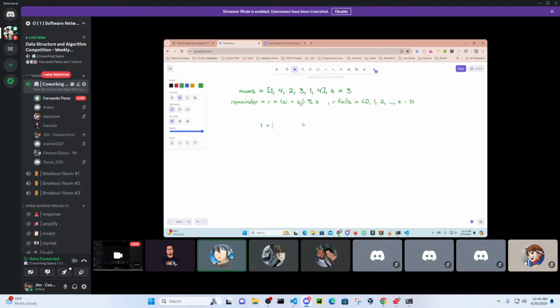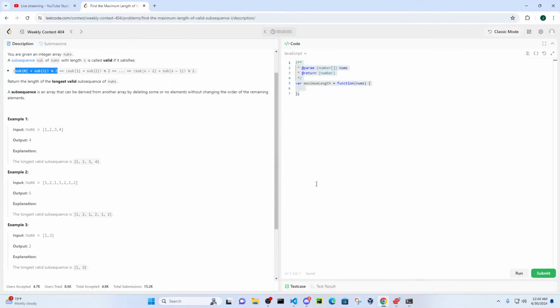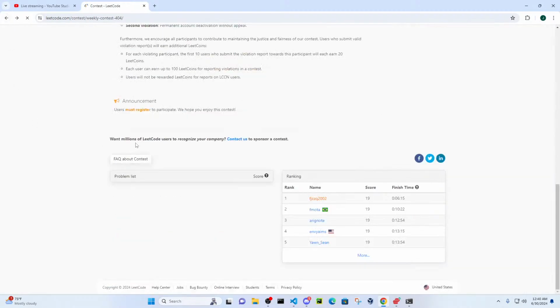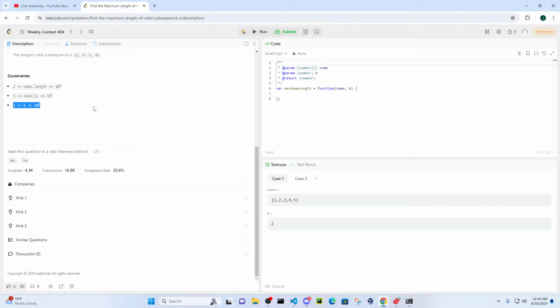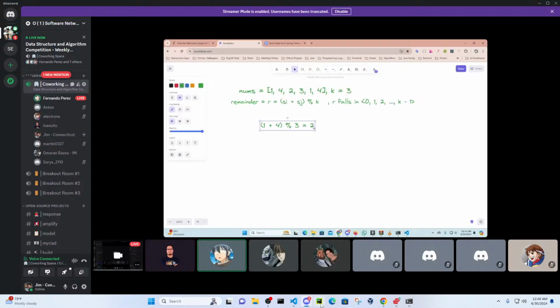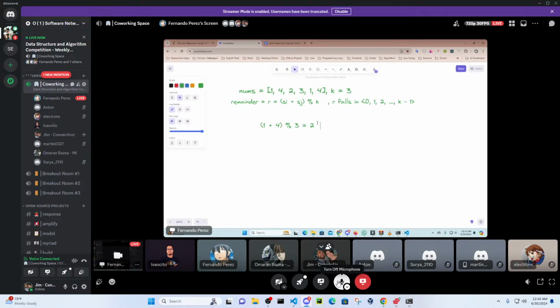Like if you say it's 1 plus 4 modulo 3, you're going to have 2, yeah, and the next one, you need to use the previous one, so it's going to be like 4 plus 1 modulo 3. So you are matching this value.